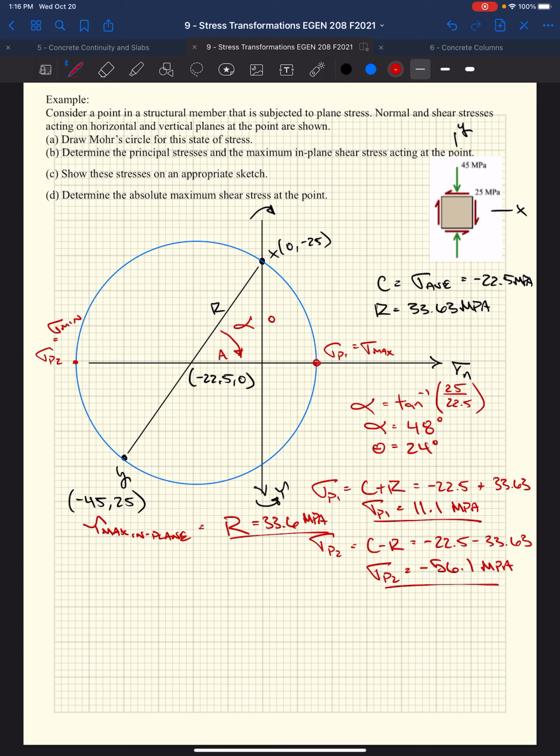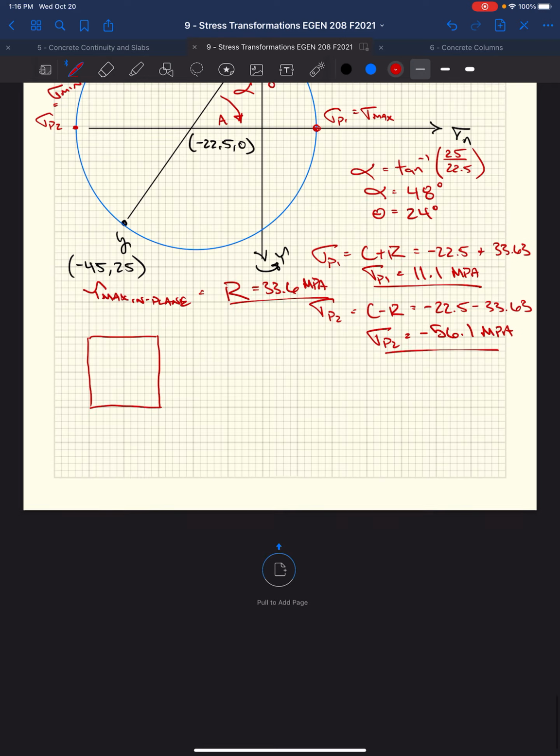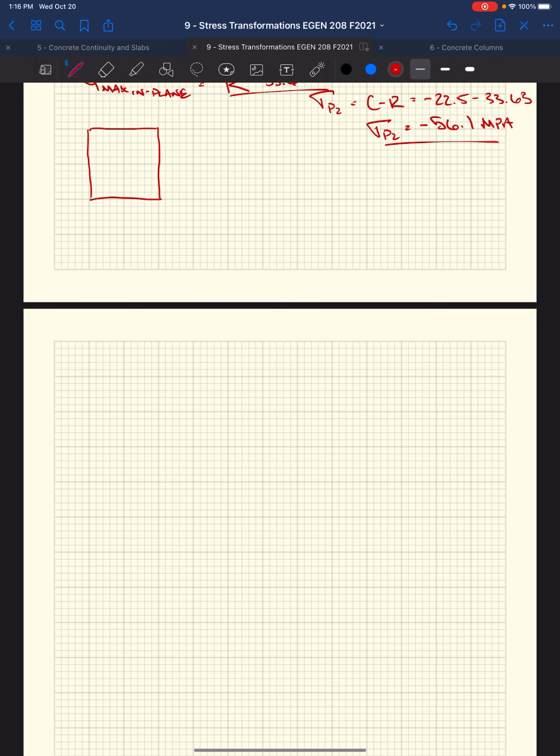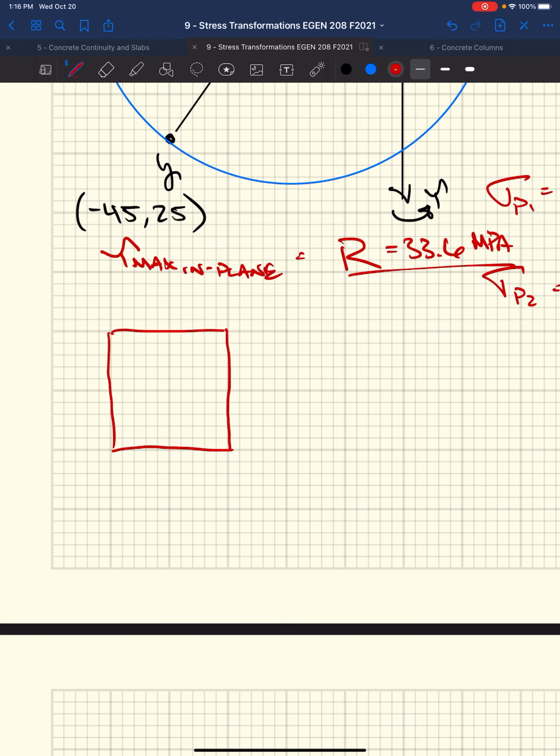So they asked us to indicate these stresses on a sketch. You start out with our initial stress state, where, based on the problem statement, we have figured this out already.